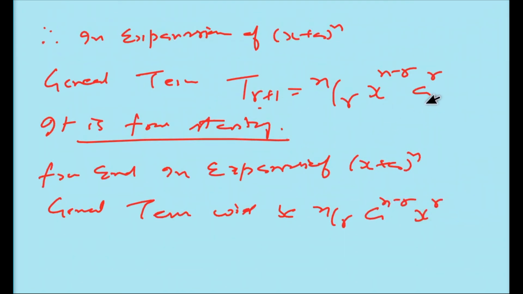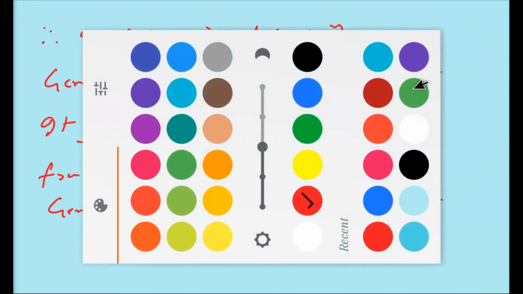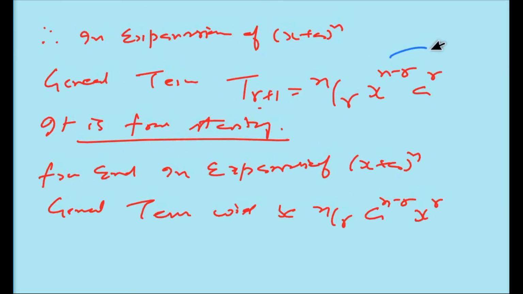You have to change the powers of these. So you can then find the general term in the expansion of (x plus a) to the power n from the end. Okay, from the end. This is a very important point.